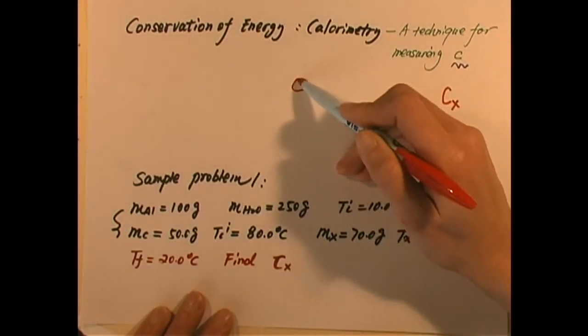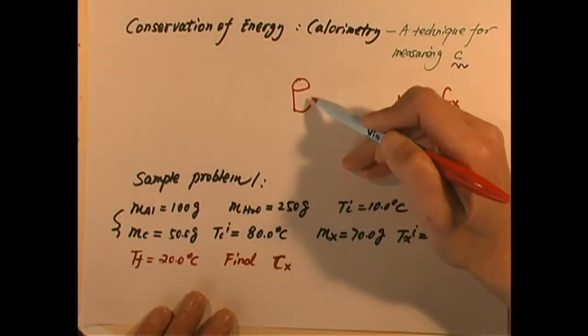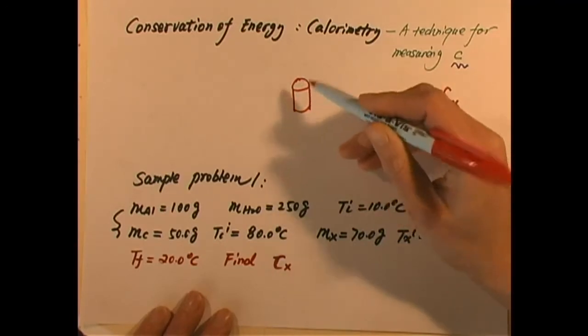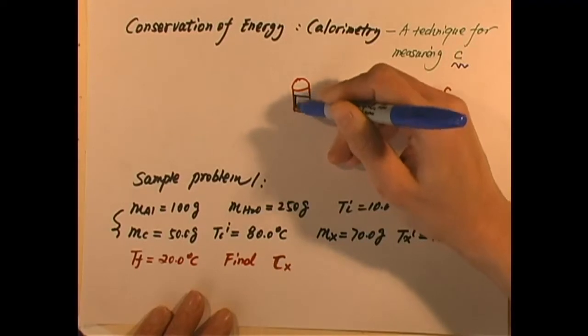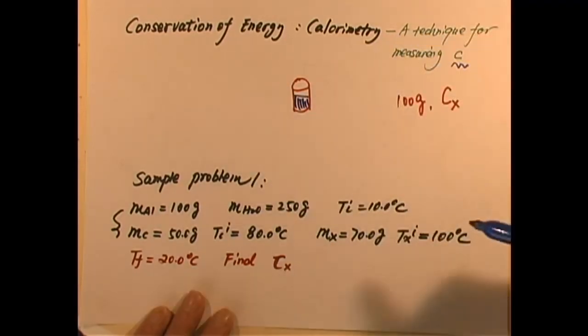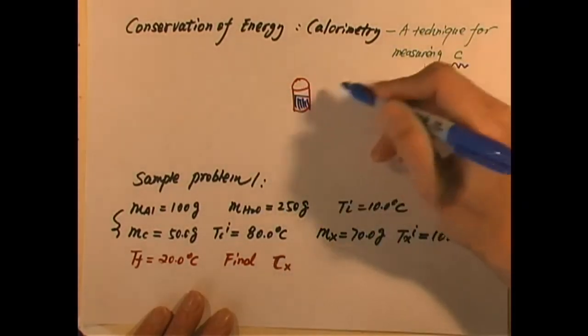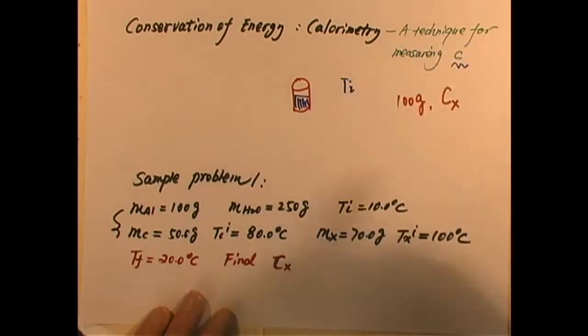We have, for example, a small aluminum container, and we can fill this container with a certain amount of water, and we know the initial temperature of the system.